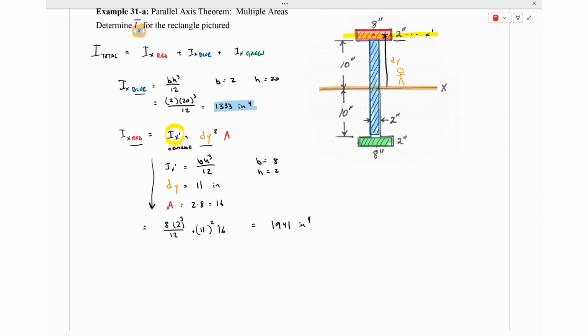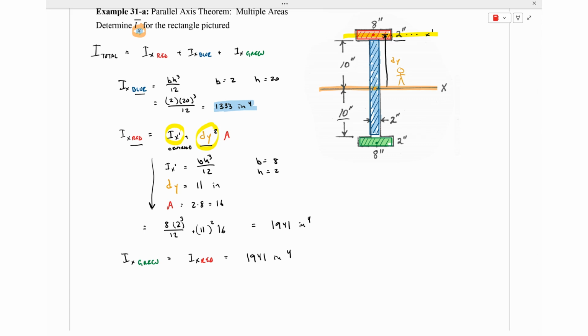Because we have this squared dy value in here, and because it's the same distance down there, notice that this centroid is 11 from here, we're going to find that Ix green is equal to Ix red. Doesn't matter if it's above or below. In terms of resistance to rotation, it's going to be the same value, 1,941 inches to the fourth.